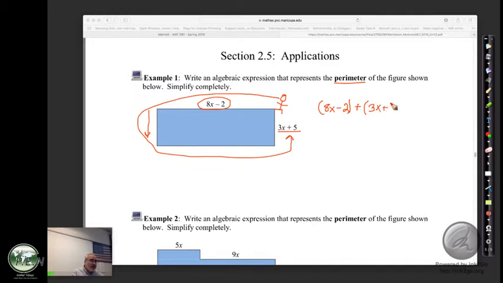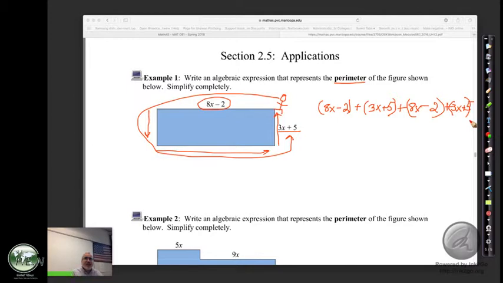Then when I come along this route again, what do I get? Another 8x minus 2. And then we finish the route and come back to where we started. We add another 3x plus 5, and put it in parentheses.